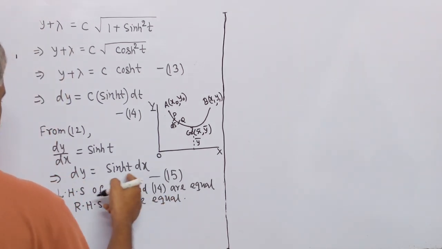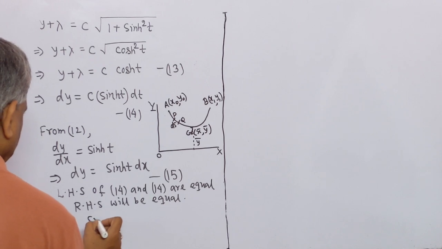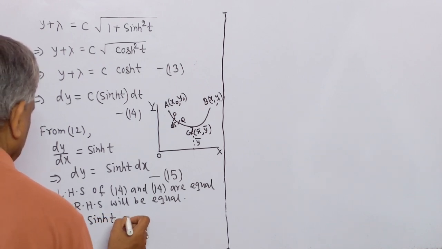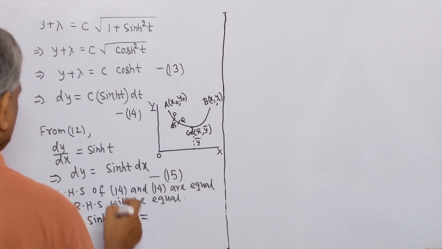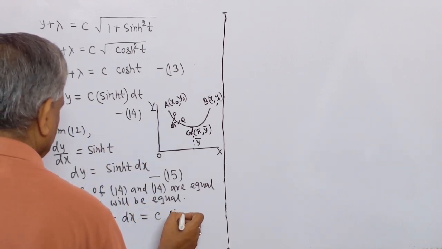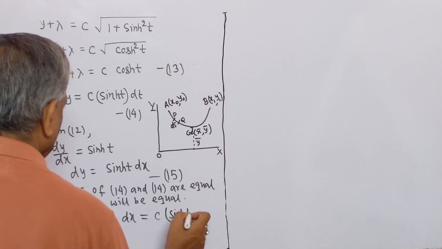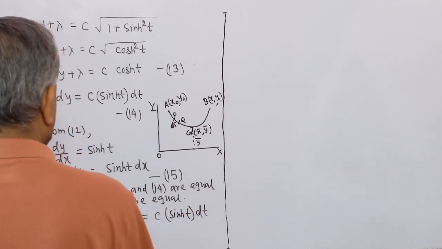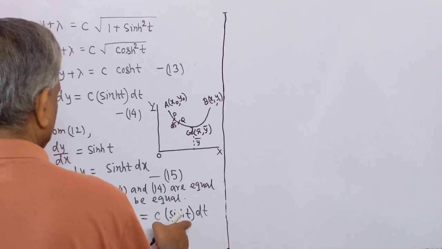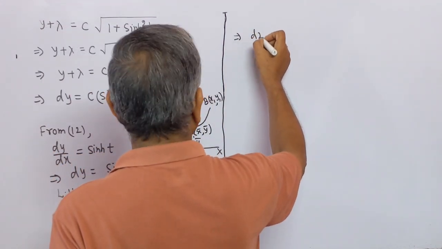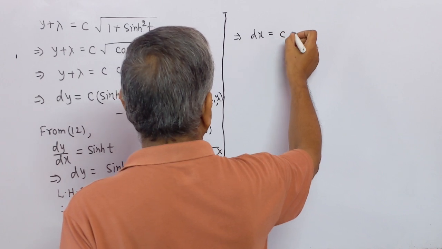Therefore, from 15, sinh t dx equal to here c sinh t dt. Here both sides sinh t, so we may write dx equal to c dt.